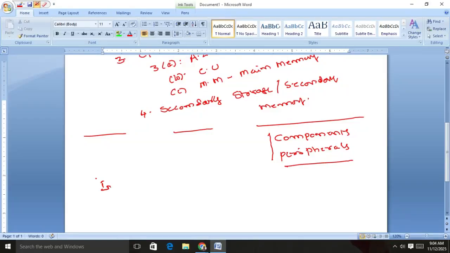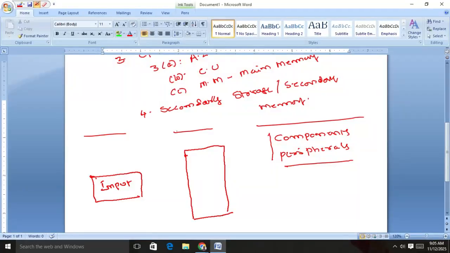This is the input unit. This is the central processing unit. The central processing unit consists of three parts, that is ALU, CU, and main memory.